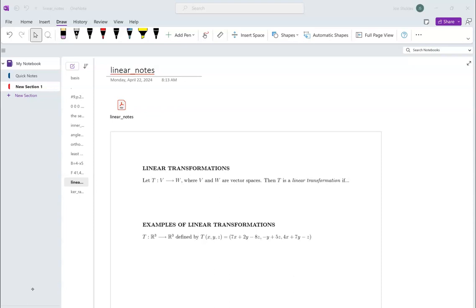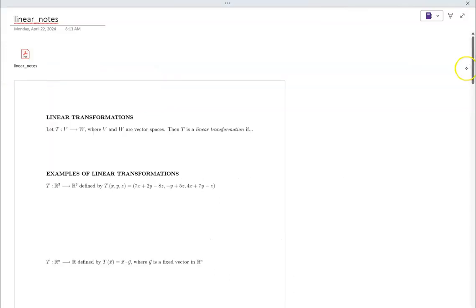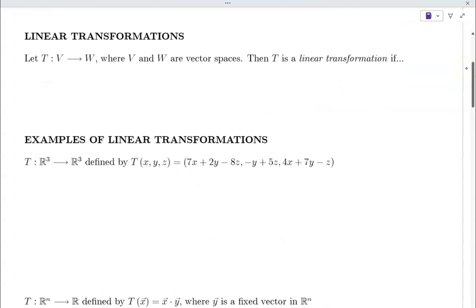All right. Anyway, let's talk about linear transformations. So, this first part just starts talking about what we mean by a definition of a linear transformation. So remember the notation that we have there, the T notation with the colon and the arrow.